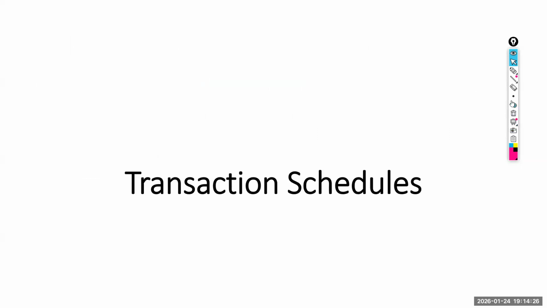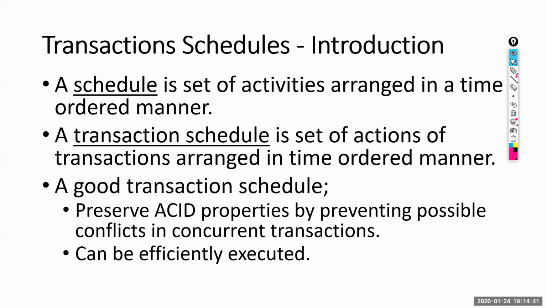Right. So the next subtopic we discussed was transaction schedules. Examiners have even asked what is a schedule. A list, a set of activities arranged in a time sequence manner. Okay. If that set of activities is related to a transaction, it's a transaction schedule, in a time ordered manner.